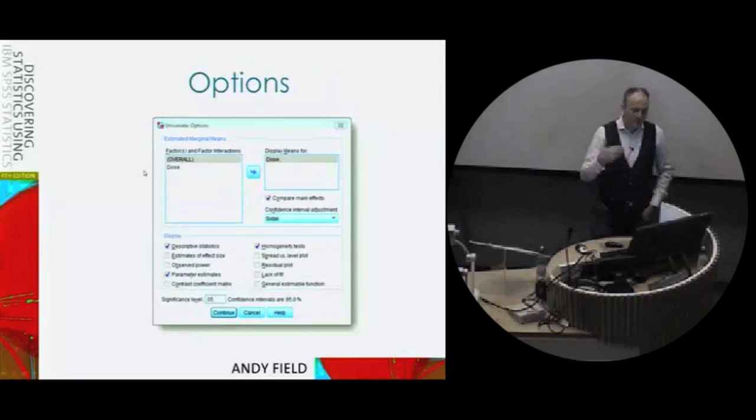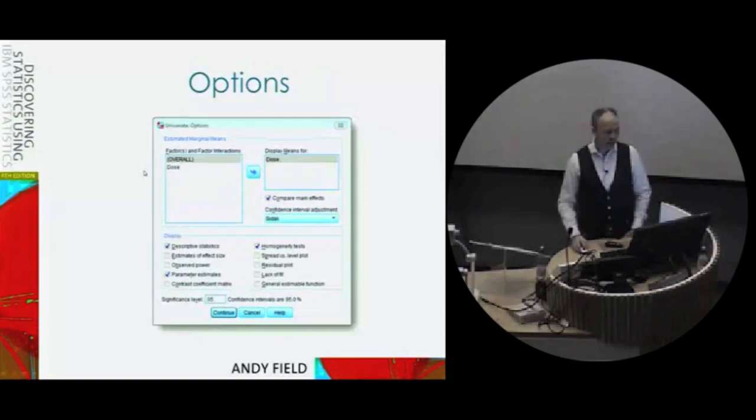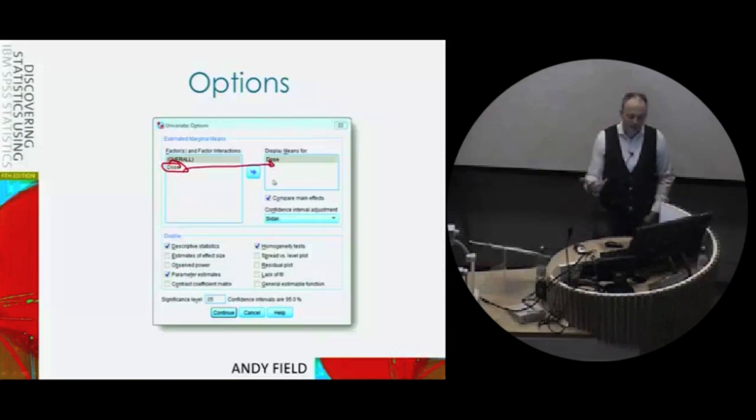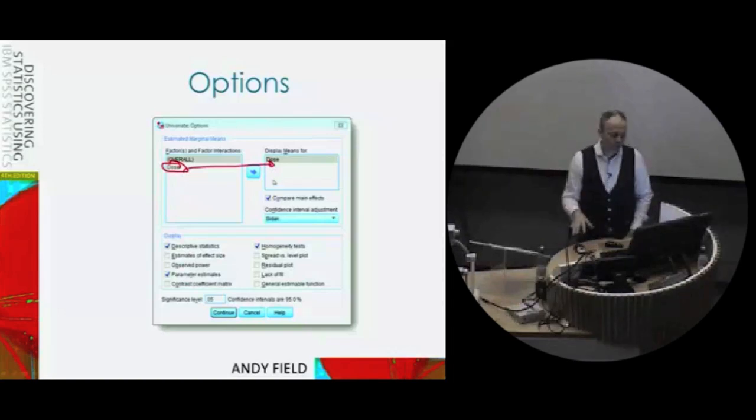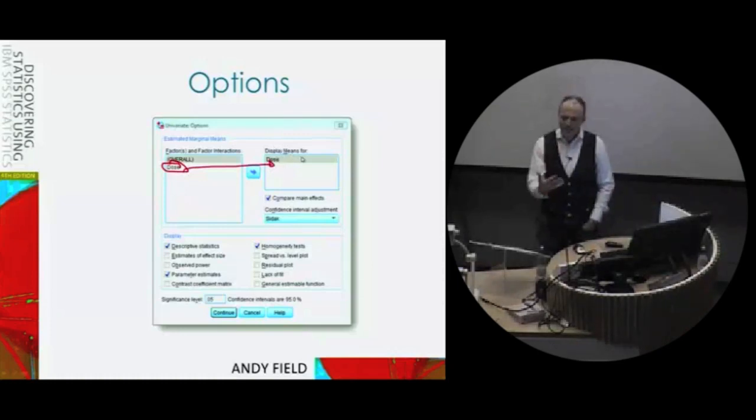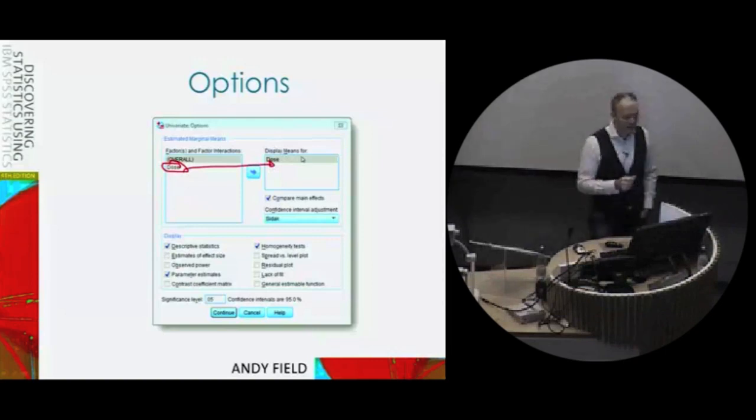The only other thing I want to flag here in particular is you can also select in the options to have a set of means. So if we select this variable dose here and drag it into this box here. Now you might think, what's the point of getting it to display means? It's actually really important, especially for ANCOVA, because it will give you a table of means that are adjusted for the effect of the covariate.